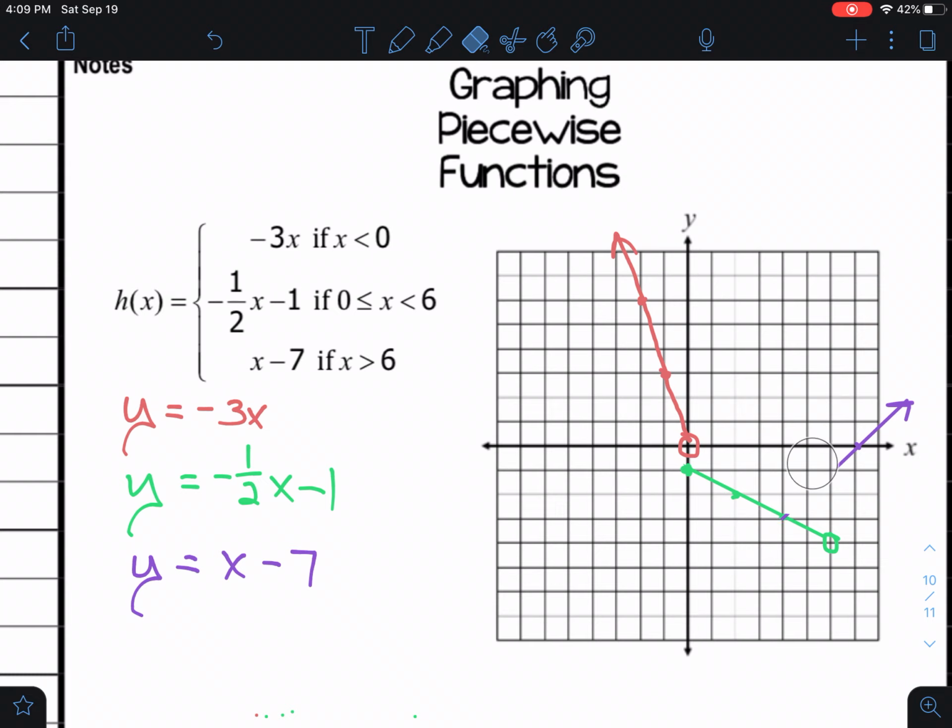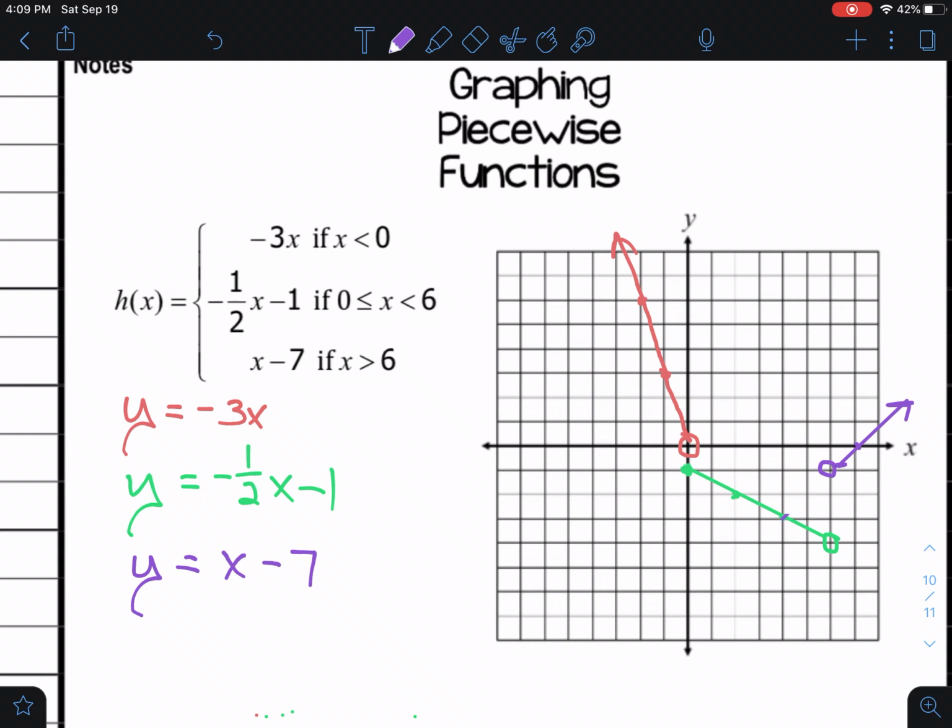And then it says greater than, so I want to put an open dot there too. That's not the best dot, and I didn't really improve it that much, I guess, but okay. So there is my piecewise graph with those 3 parts.